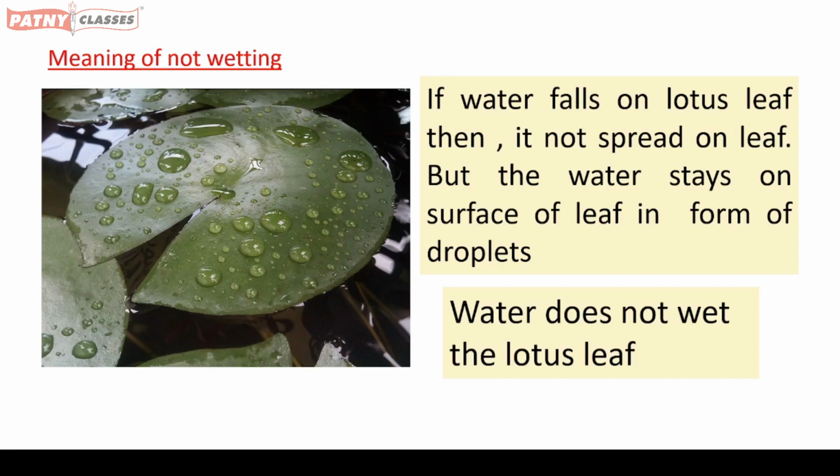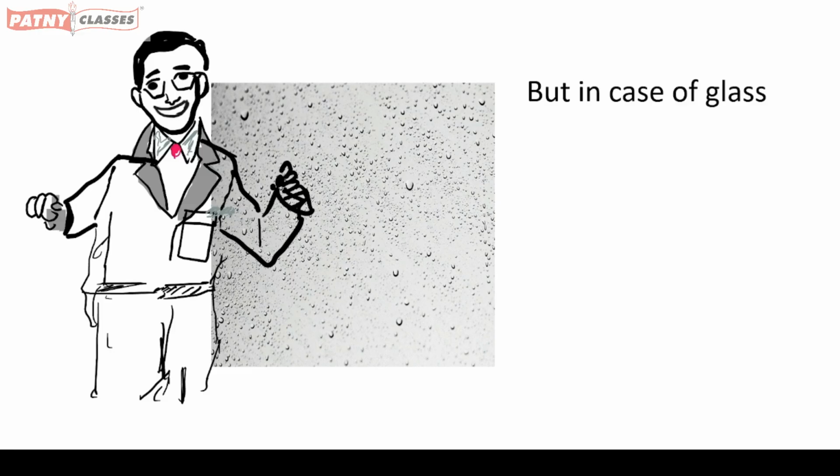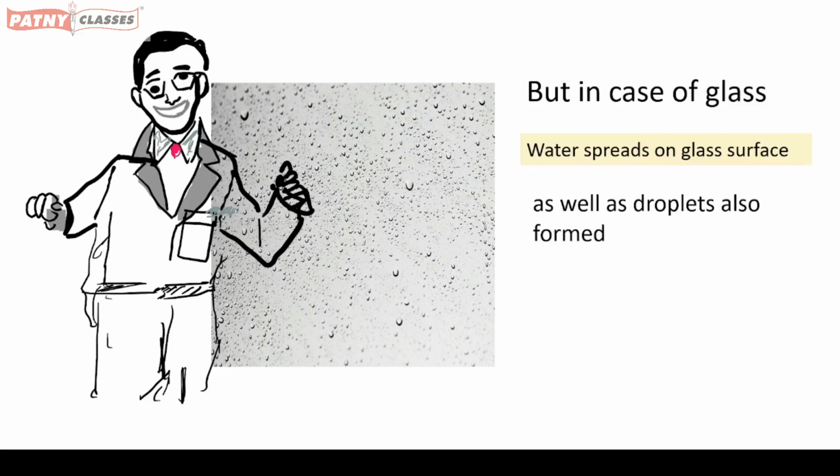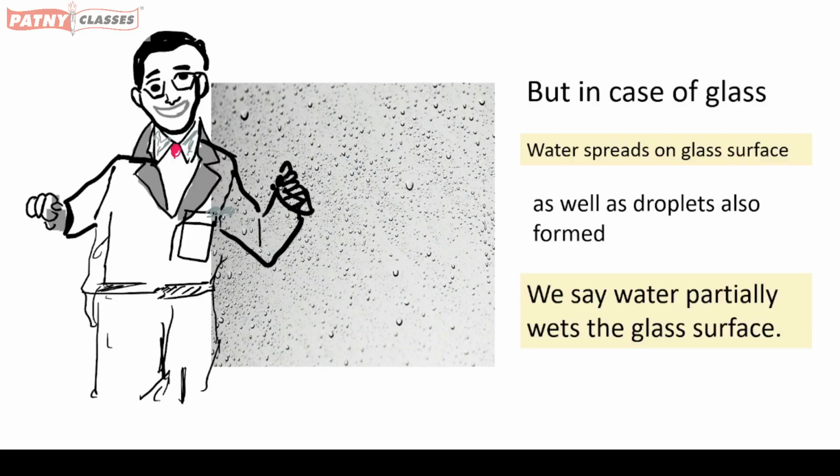Water does not wet the lotus leaf. But in the case of glass, water spreads on the glass surface as well as droplets are formed. We say water partially wets the glass surface.